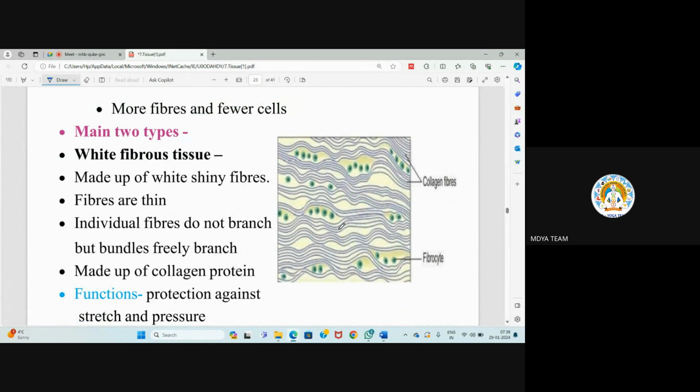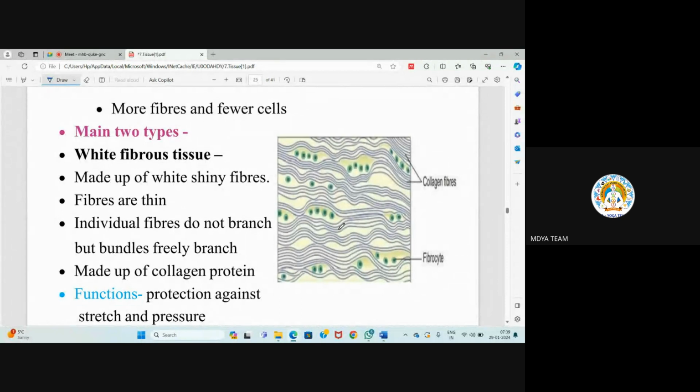Main two types are there. White fibrous tissue is made up of white shiny fibers, and here fibers are thin. Individual fibers do not branch, but bundles freely branch. Means individual fibers are not divided, but when a branch is made through different fibers, then it could be divided.